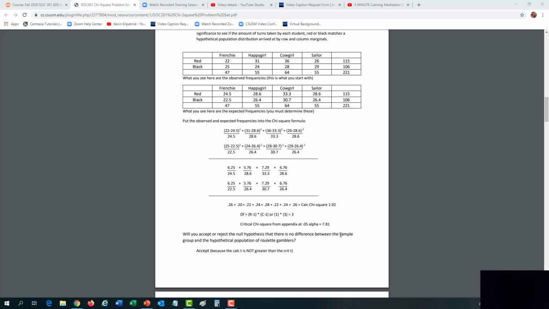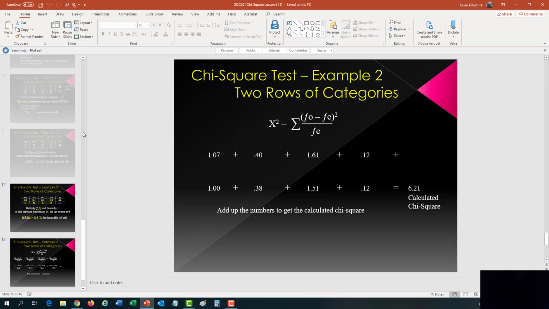And if I go into the appendix, again, the chi-square appendix, go down the degrees of freedom column until I find 3 and move directly to the right until I get to the 0.05 column, I'm going to find 7.81. So let's find that again.